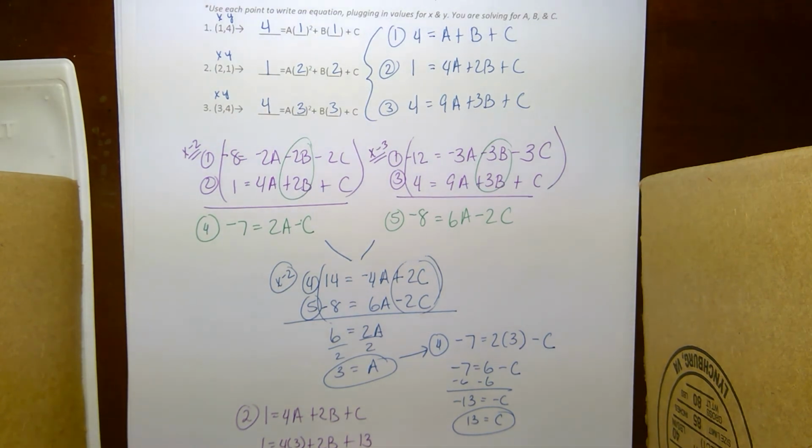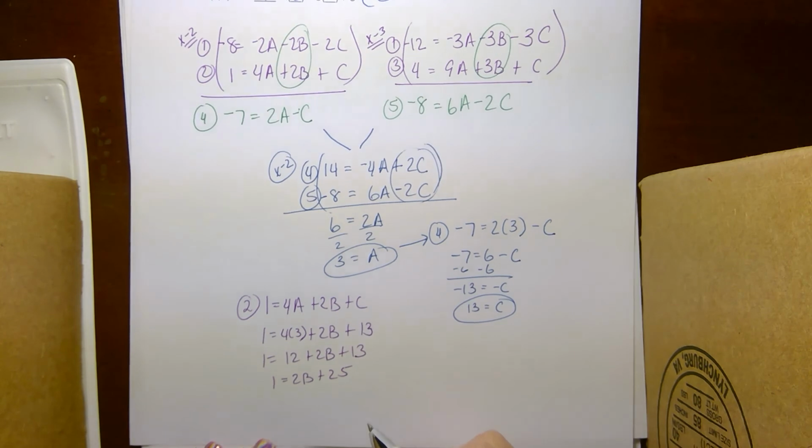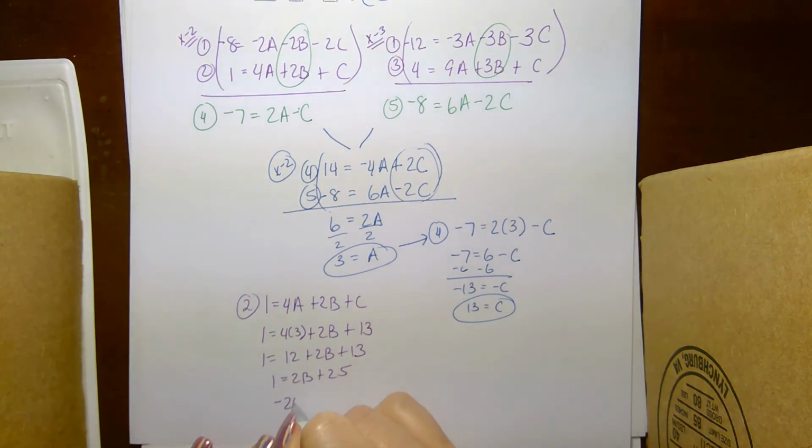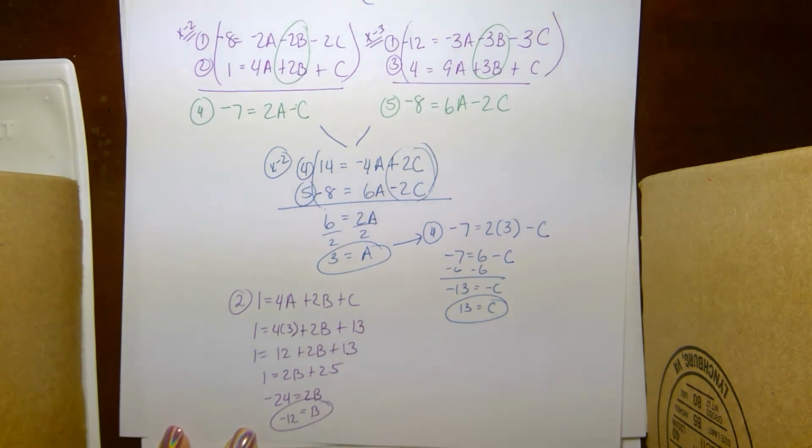So 1 equals 12 plus 2b plus 13. So 1 is equal to 2b plus 25. If I subtract the 25, I get negative 24 equals 2b. So b is negative 12.